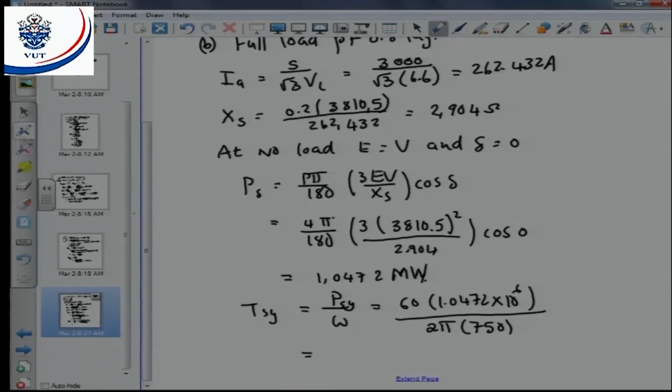That gives us a value of 13.333 kilonewton meters.